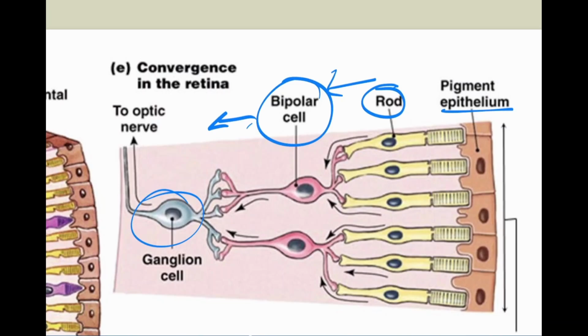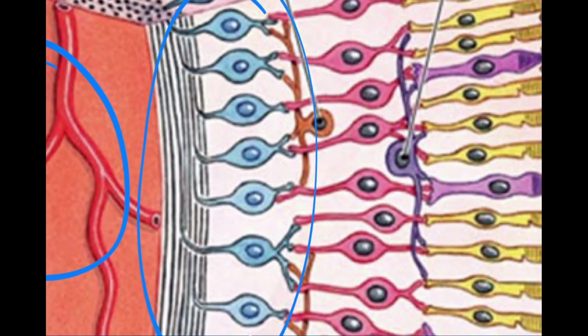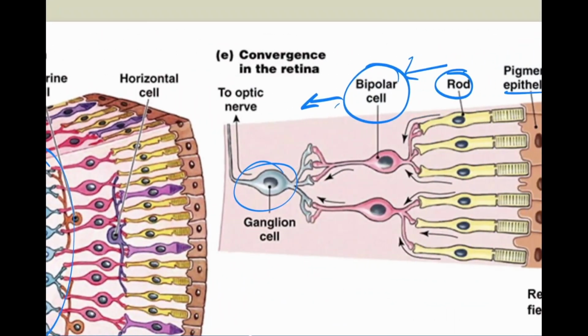And all these ganglion cells that you see right here in the blue, they all connect to make your optic nerve, which then goes to the brain and follows the whole pathway, which we'll get to in a second.